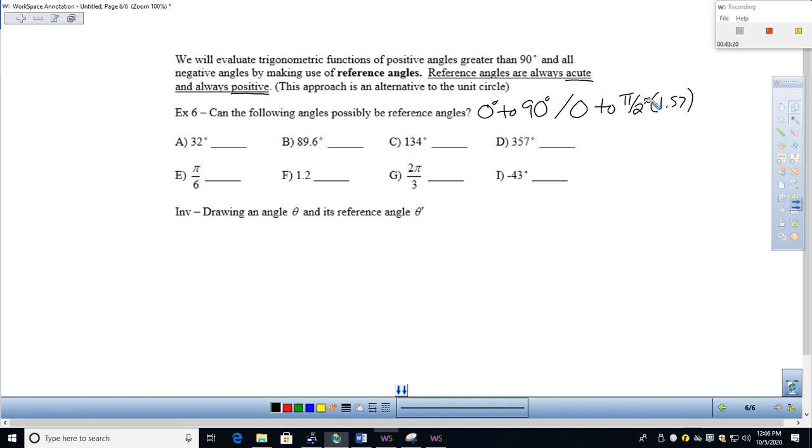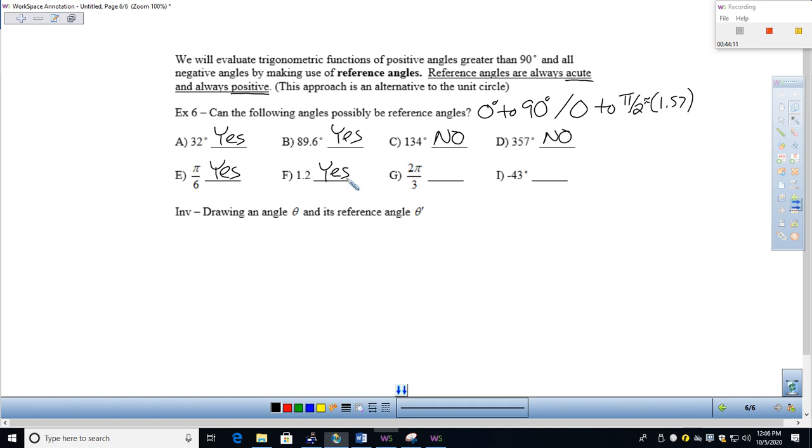Okay, go for it. That's a yes. That's a yes. That's a no, too big. That's a no, too big. Pi/6, is that in between 0 and pi/2? You bet. Is 1.2 radians in between 0 and pi/2? Yeah.